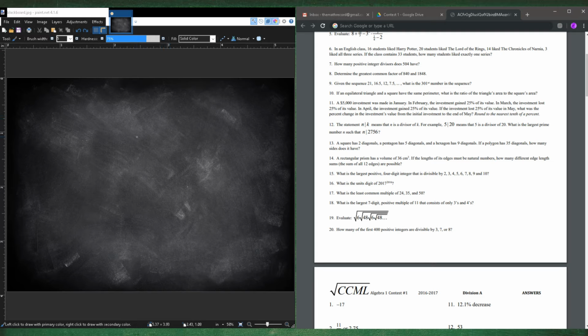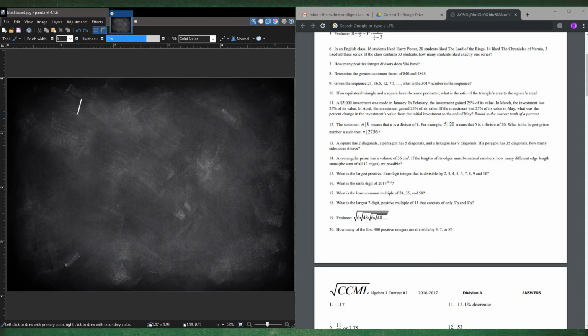So we've got to think about it. A square has 4 sides, and it has 2 diagonals. A pentagon has 5 sides, and it has 5 diagonals. And a hexagon has 6 sides, and it has 9 diagonals. So basically, what's the increase? This is a 3, and this is a 4.